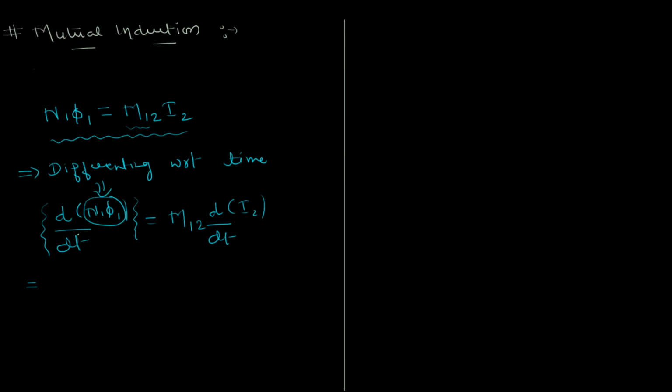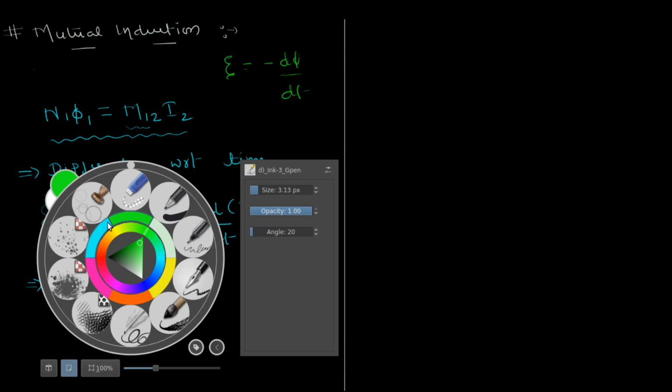And the rate of change of flux through any coil, a single coil or multiple coils, is still going to be equal to your EMF. In fact, it will not just be EMF, it will be the negative of EMF, because Faraday's law says that EMF is equal to minus d phi by dt. So you'll have a negative sign there.